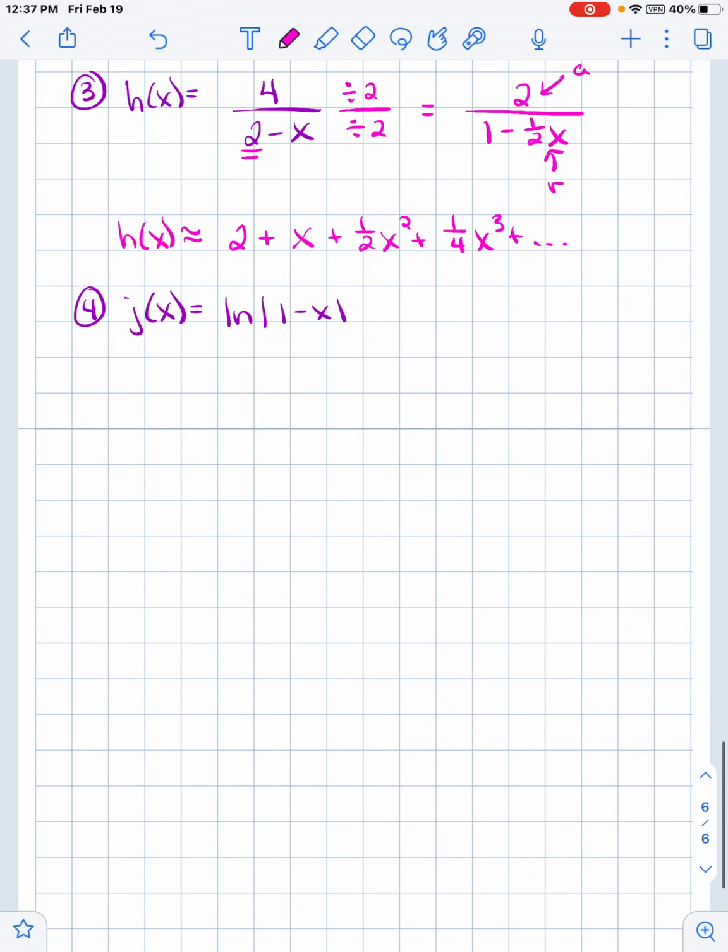Okay, last one, and this one is the trickiest. We know, we did it already, the polynomial for 1 over 1 minus x. We know that that's 1 plus x plus x squared plus blah, blah, blah. We also know that if we find the antiderivative of 1 over 1 minus x, this is almost in the form of u prime over u.